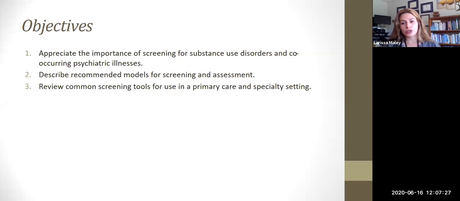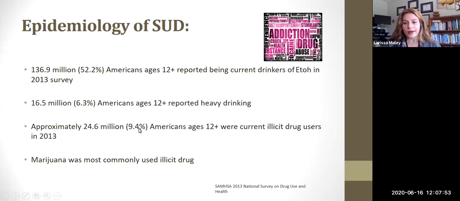And then I'm going to introduce you to a couple common screening tools that are public domain and can be used in any primary care and or specialty setting, and sort of just highlight what those are. And then if anybody, you can Google these and get your hands on them. And if you'd like to actually get PDF copies, Rana can send them to you. But they're sort of your standard assessments or screens, sorry, that can be used by anyone.